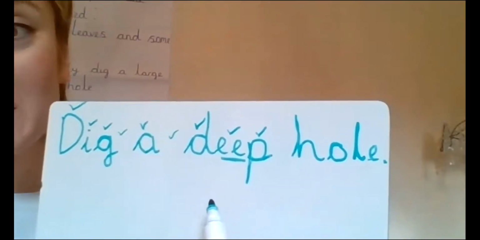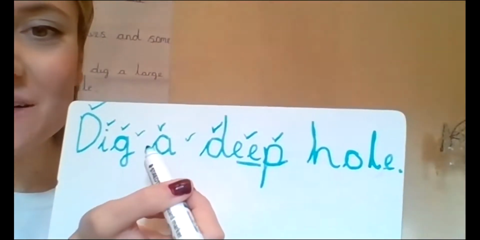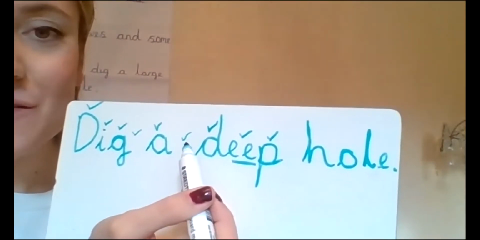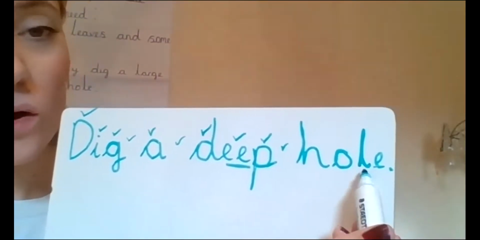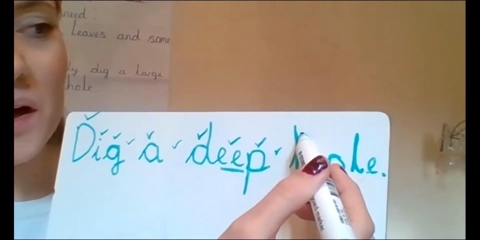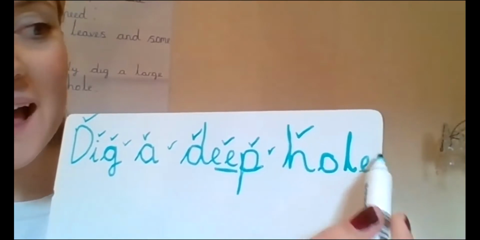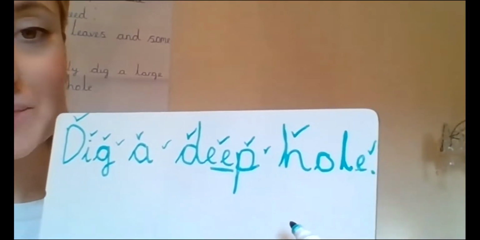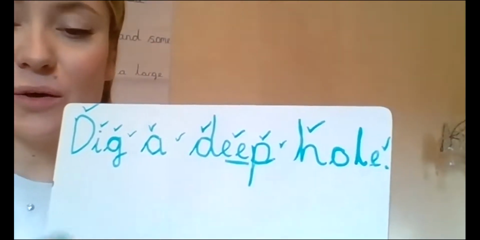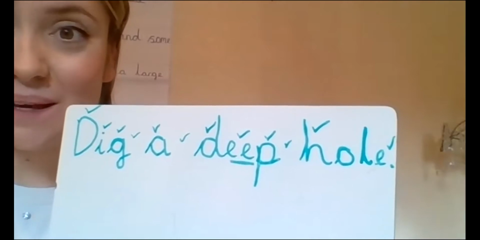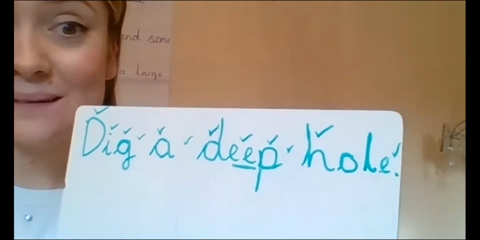Tick for your finger space as well. Dig, finger space, A, finger space, deep, finger space, hole. Give a tick if you got hole and if you got your full stop. Dig a deep hole. Pause me if you need to look at it a little bit longer while you tick or fix.